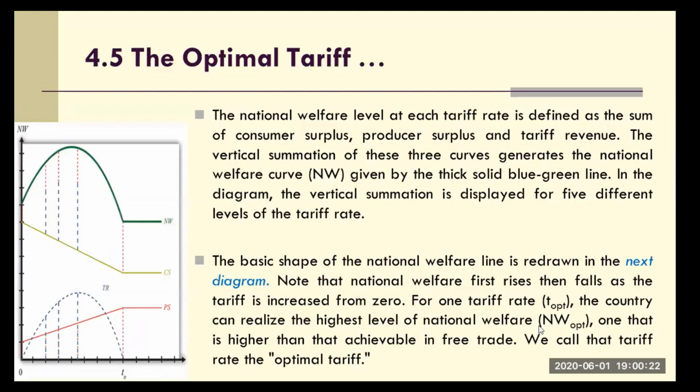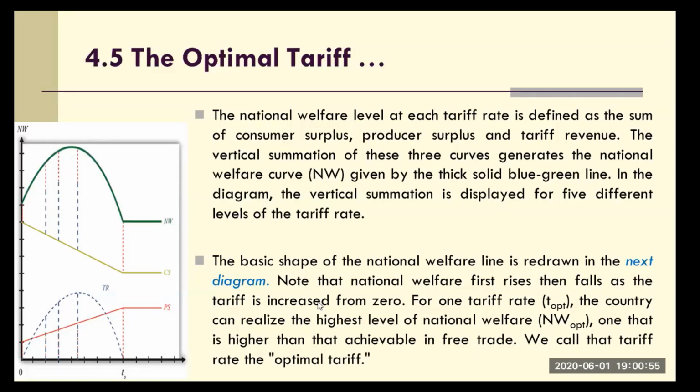The national welfare level at each tariff rate is defined as the sum of consumer surplus, producer surplus, and tariff revenue. The vertical summation of these three curves generates the national welfare, given by a thick solid blue-green curve, the curved line at the top. The basic shape of the national welfare line is shown in the next diagram.